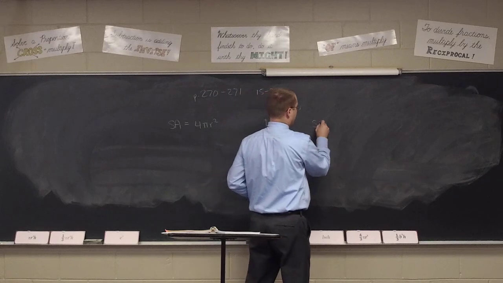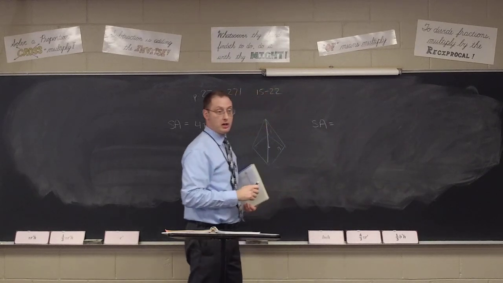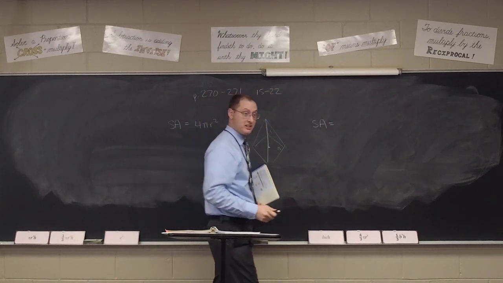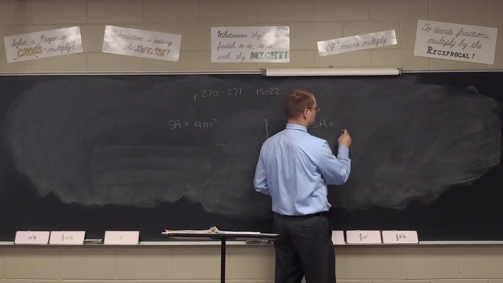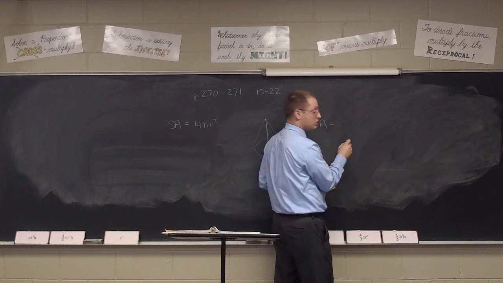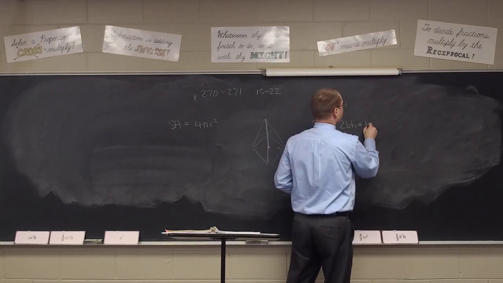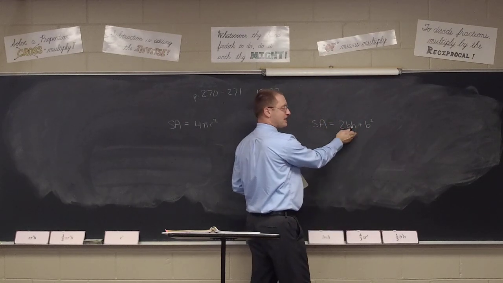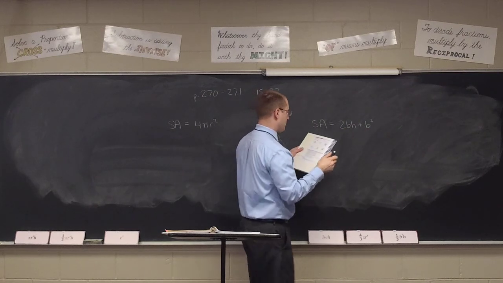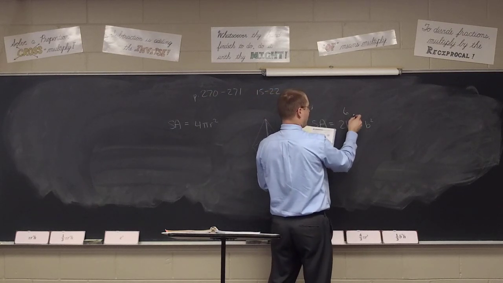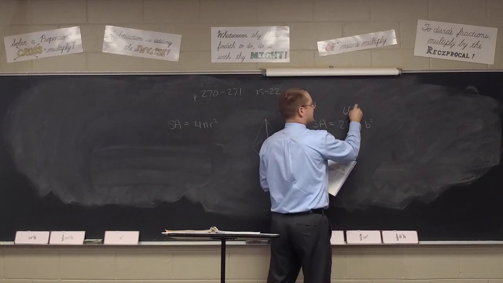What is the formula for the surface area of a square pyramid? Back to you, Scott. 2bh plus b squared. Good, 2bh plus b squared, or 4 times a half bh plus b squared, right? So the b is obviously 6, and the h it said is the slant height, that's the 5, right?